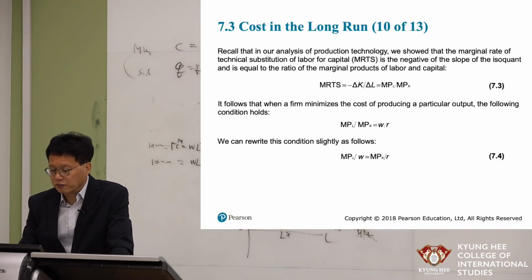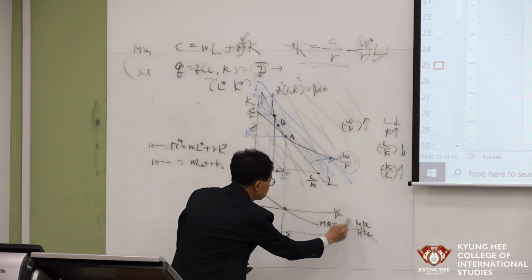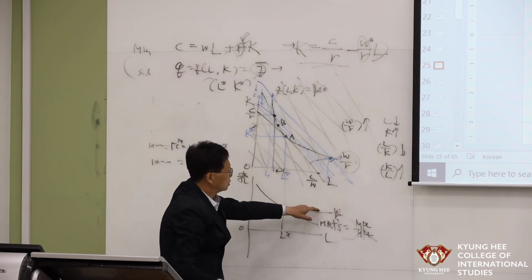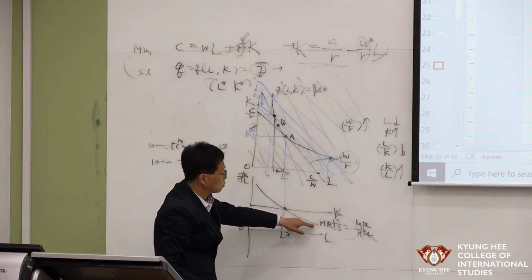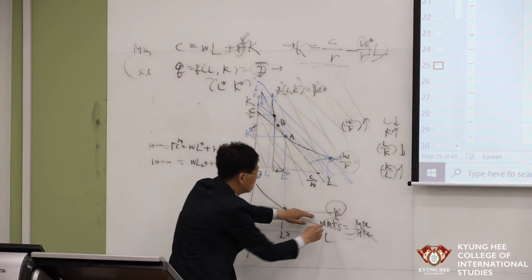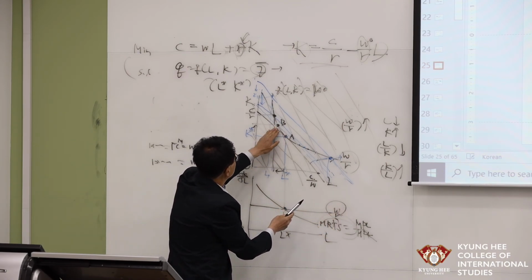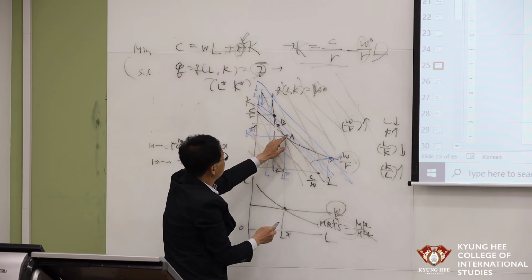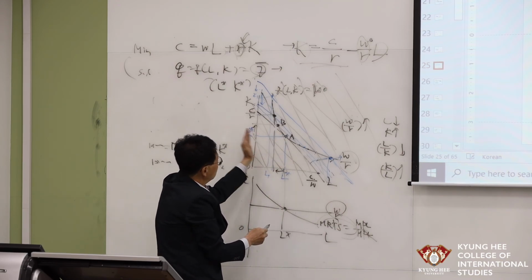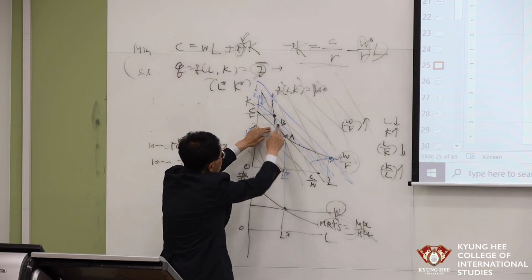It follows that when a firm minimizes the cost of producing a particular output, the following condition holds. MRTS equals W over R. The slope of the isoquant should be equal to the slope of the isocost line. This one is equal to this one. When you're producing at A, which is not the optimal point, on the left-hand side, what happens?